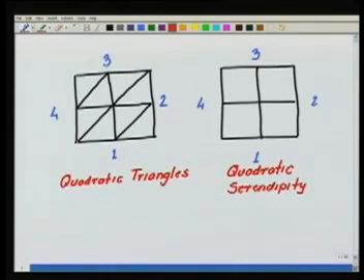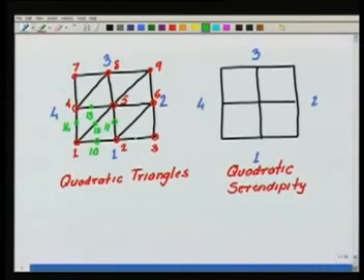If I do quadratic triangles, I will do the numbering in my particular way: 1, 2, 3, 4, 5, 6, 7, 8, 9, and the mid side ones I'll call 10, 11, 12, 13, 14, 15, 19, 20, 22, 23, 24 and 25.